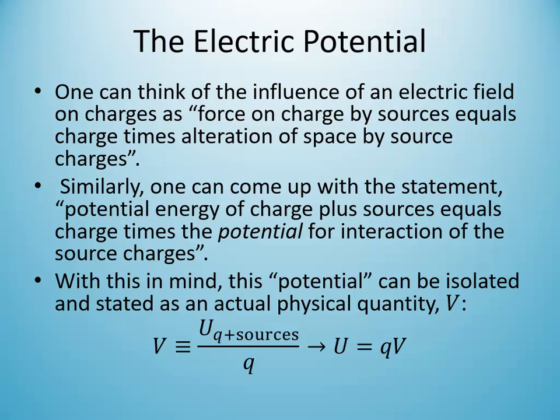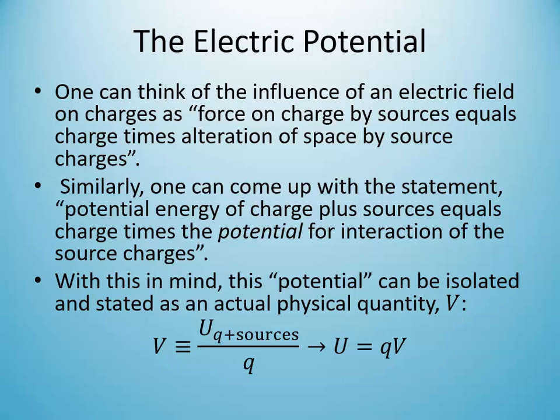So the electric potential is defined as the electric potential energy involved in your system, including your test charge, divided by the value of your test charge. And we're doing this in such a way that our test charge is small enough that it doesn't end up altering the configuration of the source charges themselves.